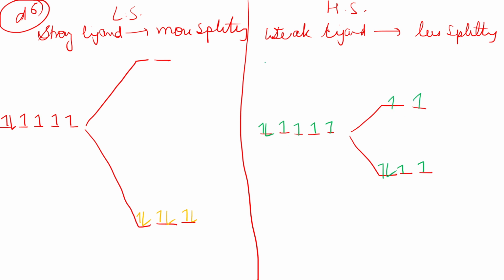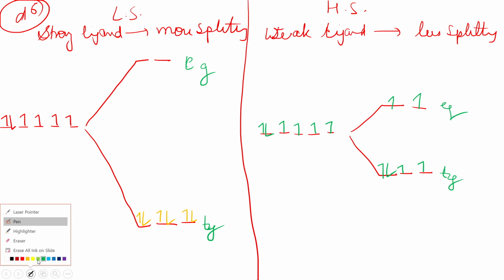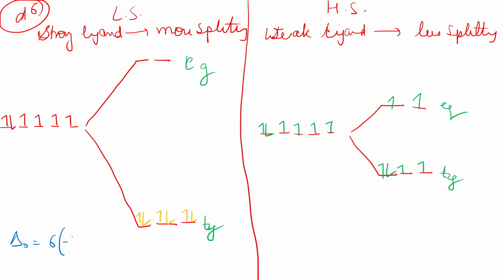Filling will be like this. This is the Eg, this is t2g. Now calculate the delta naught. Delta naught is equal to 6 electrons with minus 4 Dq plus 0 electrons in the plus 6 Dq level. It comes out to be minus 24 Dq.